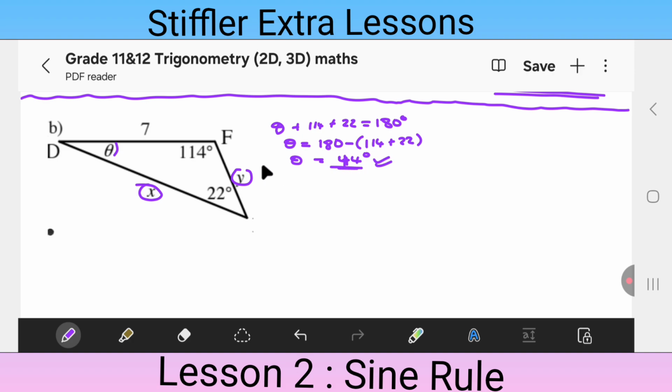And then we can move maybe to find the value of x. So x, you can see that it is opposite to this angle, right? And you can see that 7 is opposite to that angle 22.